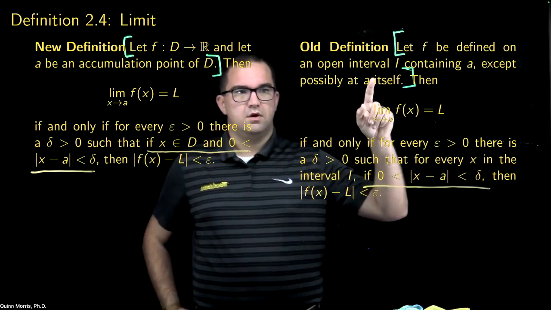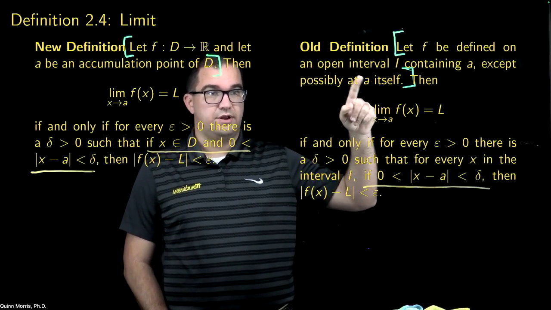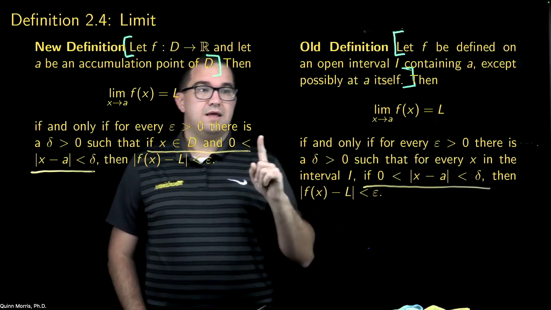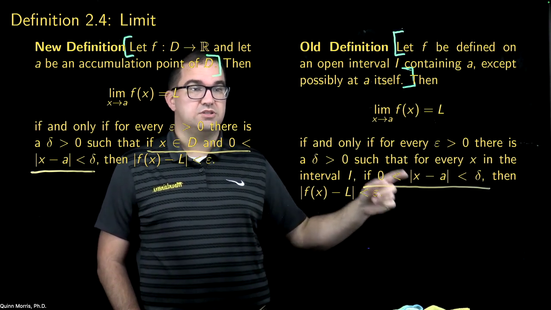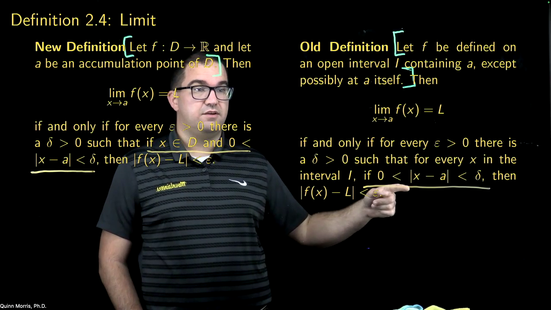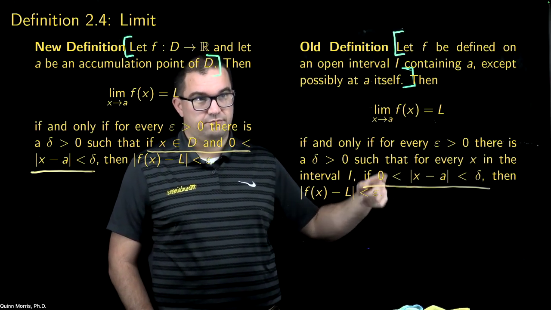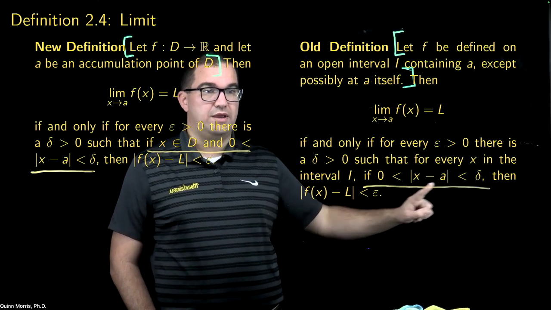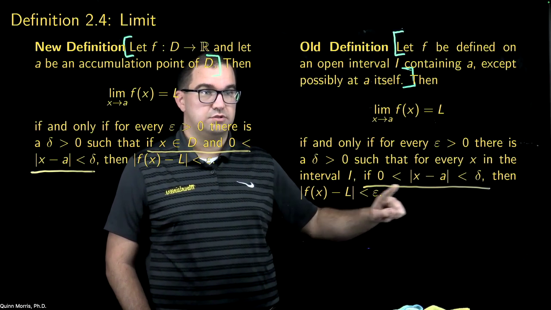Well, notice up here, the assumption was, again, that f is defined on an open interval I containing a except possibly at a itself. That means if you choose a delta small enough, then your function f must be defined at x for every x not equal to a, which this condition already ensures.